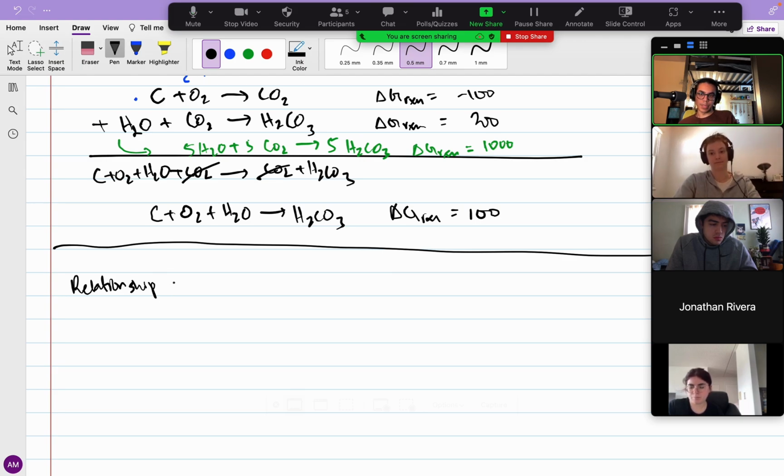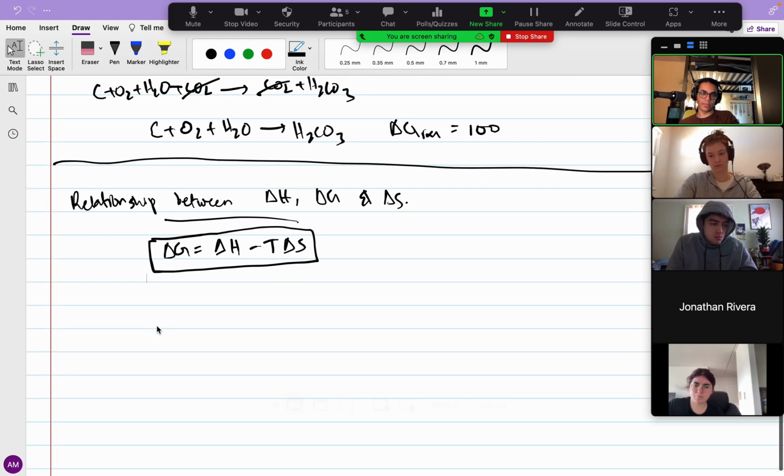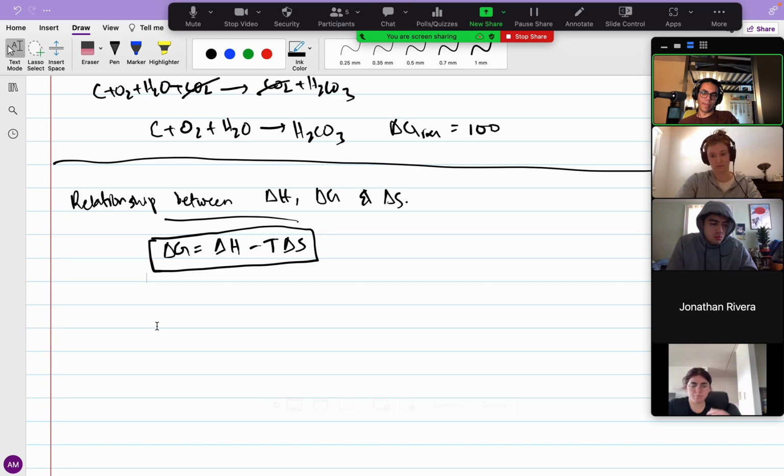They're connected by this formula. Delta G equals delta H minus T times delta S, where T is temperature.